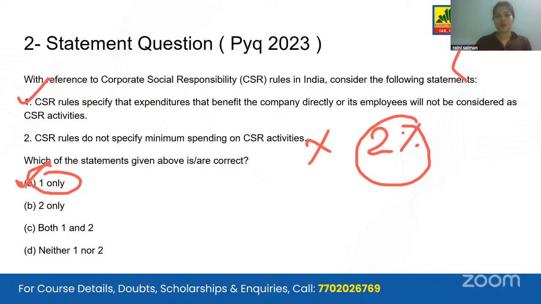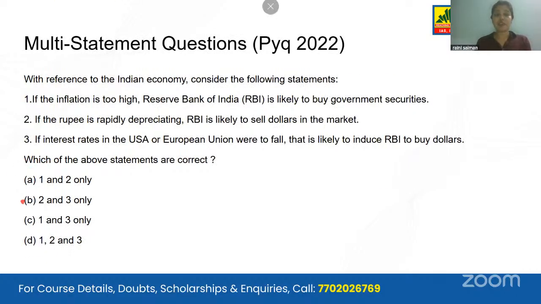Okay. Going forward, we will see with reference to the Indian economy, consider the following statements. If the inflation is too high, Reserve Bank of India is likely to buy government securities. What do you think? If the inflation is too high, that means there is a lot of money in the market, right? When there is a lot of money in the market, and if RBI buys the securities, again the money will go into the market.